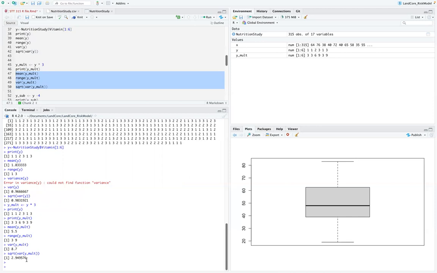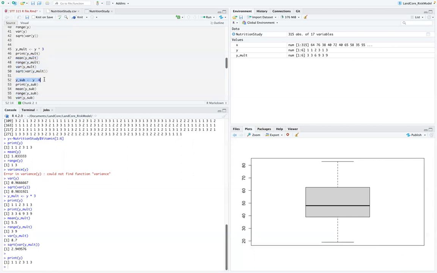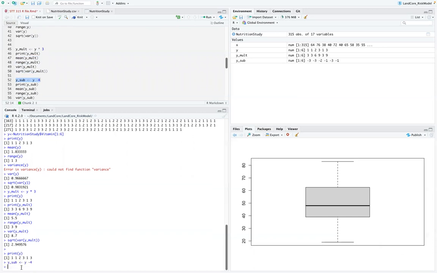Okay. And then now we're going to take our original y. And now we want to subtract 4 from each value of y. So I'm going to name a new variable, and I'm going to have it be called y sub, which equals y minus 4.